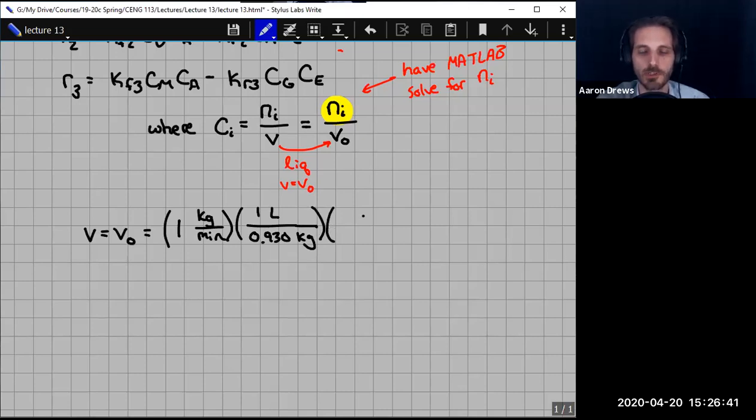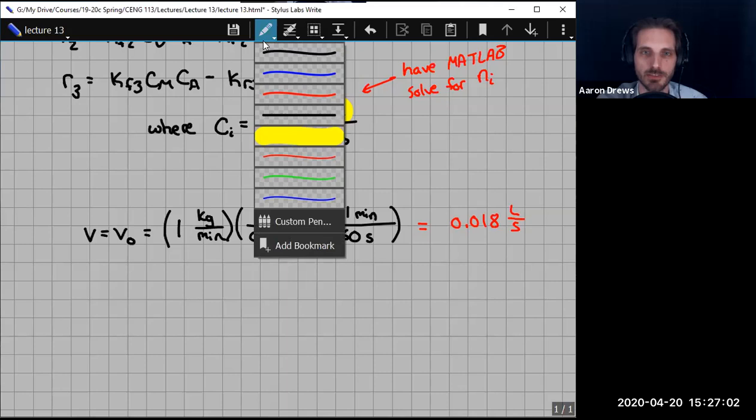And I'm going to convert all of the time over into seconds because I don't want to carry around the minutes everywhere. Everything else is already given in seconds, so it's a little bit easier here. So this particular value, if we were to evaluate that, would be 0.018 liters per second.